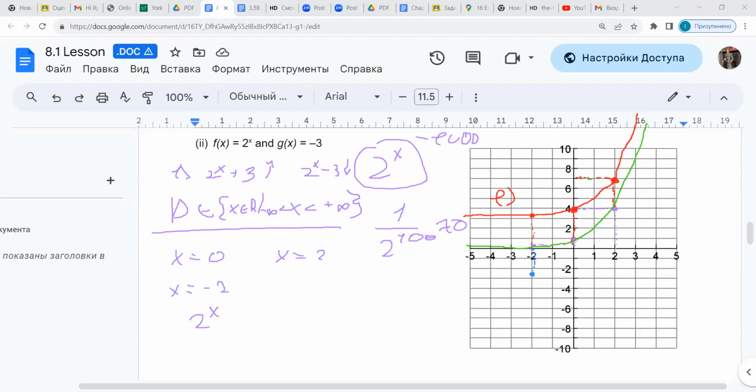-2 3/4. Here it was 1. It's going to turn into -2. Here it was 4. It's going to turn into 1. And I joined these 3 dots the same manner. All right.